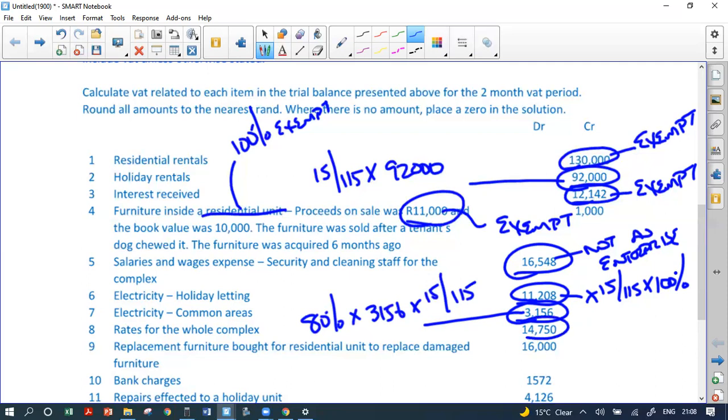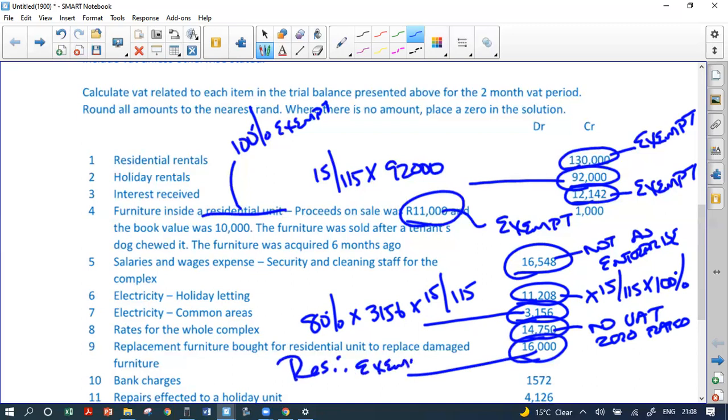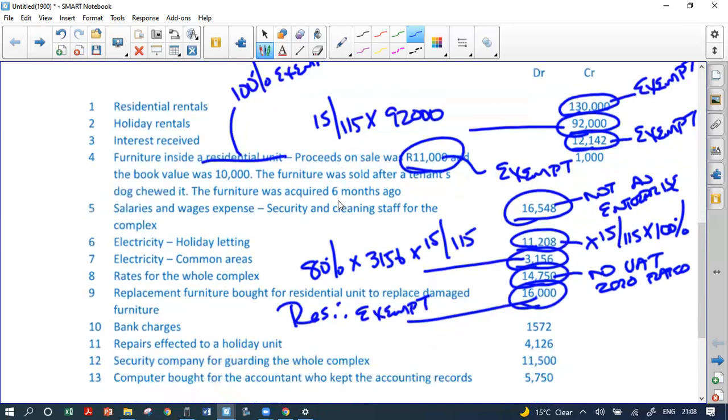Rates for the whole complex, no VAT. Why? Because it's zero rated. Remember, rates are zero rated. Replacement furniture bought for residential unit to replace damaged furniture. It's residential, therefore exempt. Bank charges. Bank charges will be for both parts of the business.